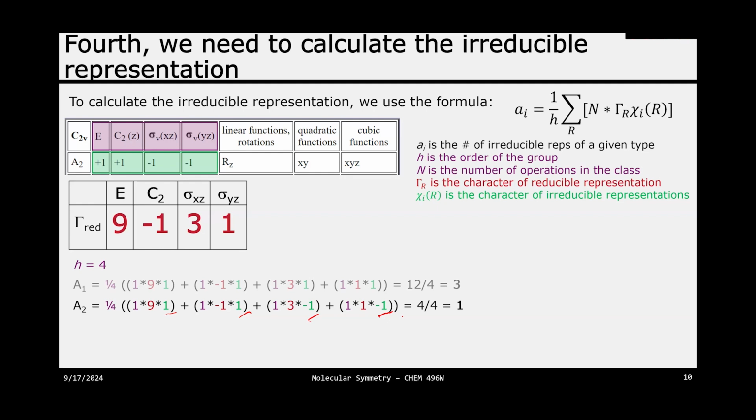Is it ever not divisible by H with an integer? If you ever get something that's negative or a fraction, you've done something wrong. I think the Meisler book says the same thing. If you get a fraction, something is wrong. Go back. That's -1 plus.